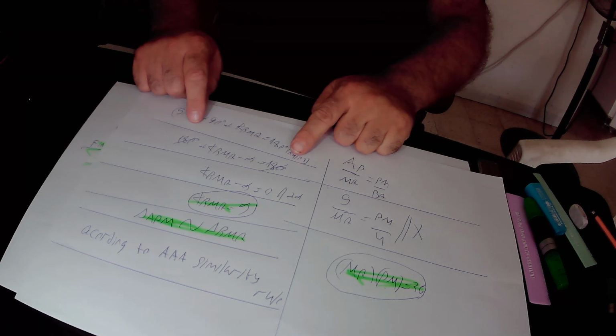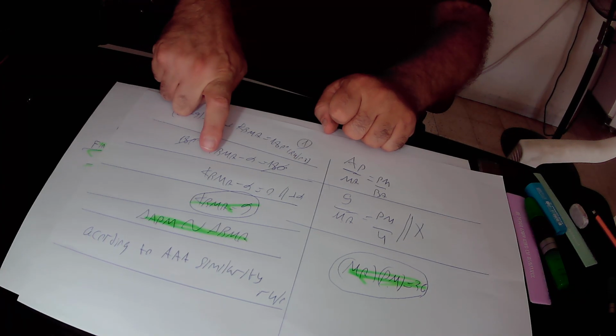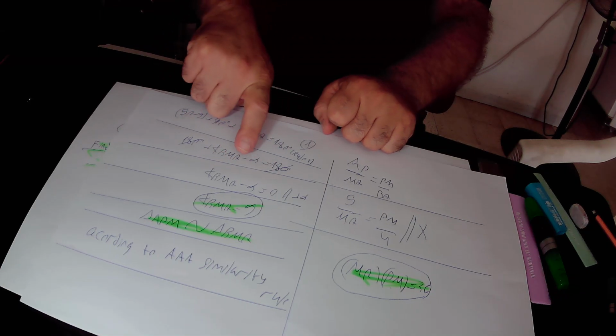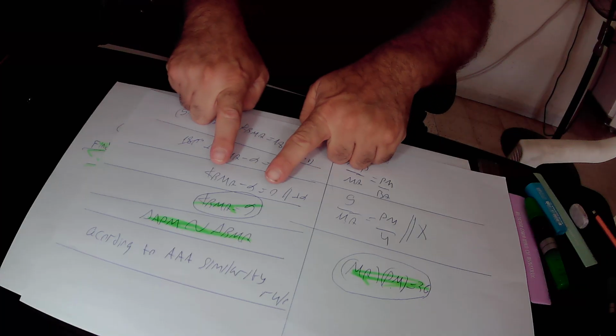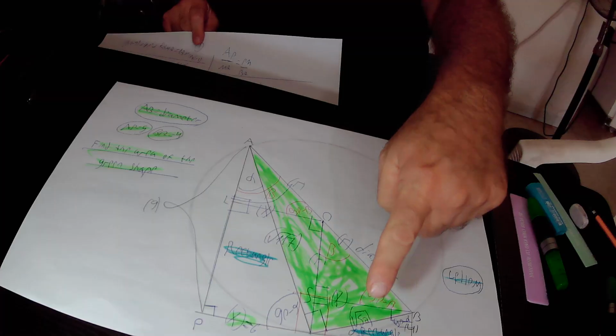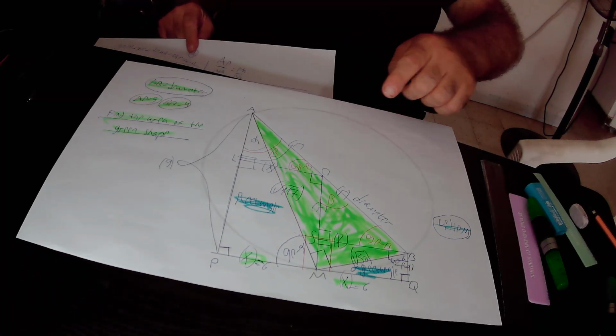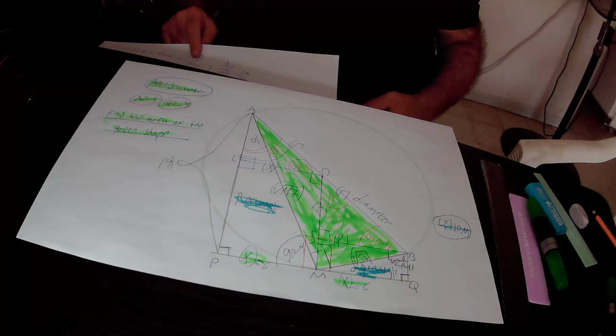We have 180 degrees on both sides of the equation, so 180 degrees will get cancelled, and we are left only with the missing angle BMQ minus alpha equals 0. Here we added alpha to the equation and we found out that the missing angle BMQ is equal to alpha degrees in size. This is the missing angle BMQ.